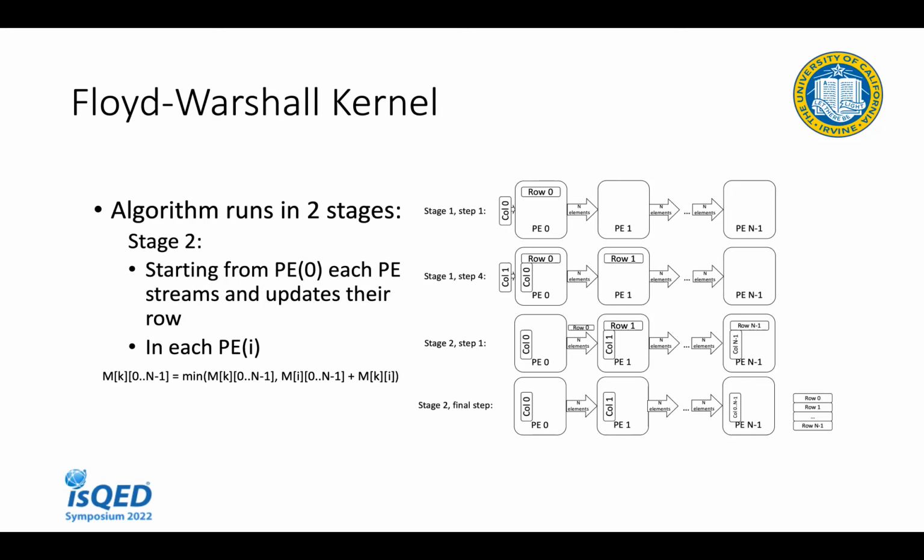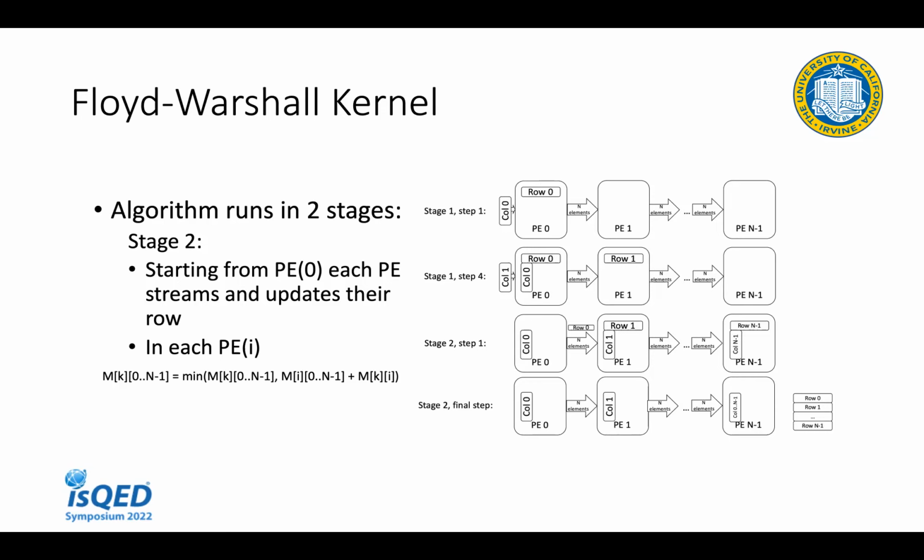After each row and column has reached its designated processing element, we can move on to the second stage, where we select the rows or the columns. It doesn't really matter which ones, and we stream them starting from processing element 0.